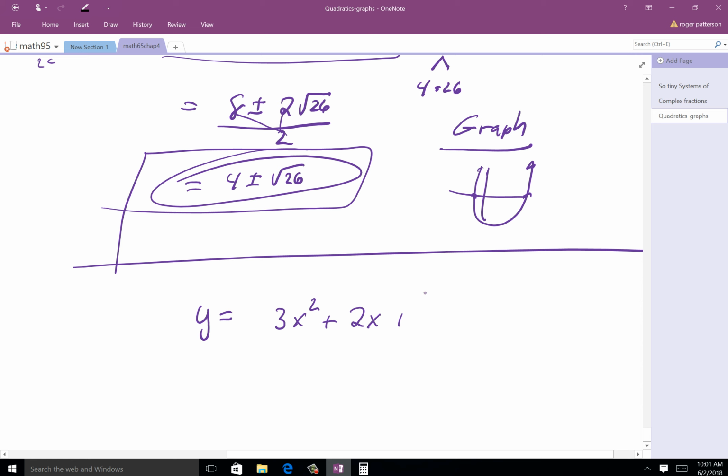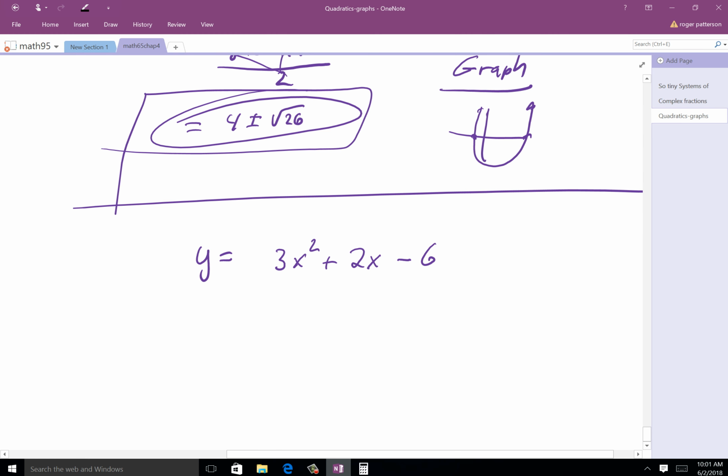Let's see this. Okay, here we go. A, B, C: 3, 2, -6.